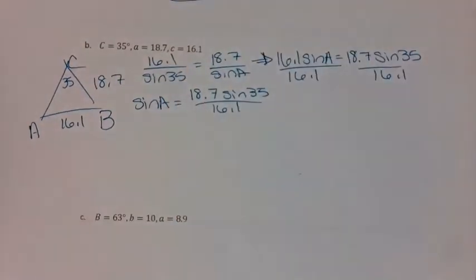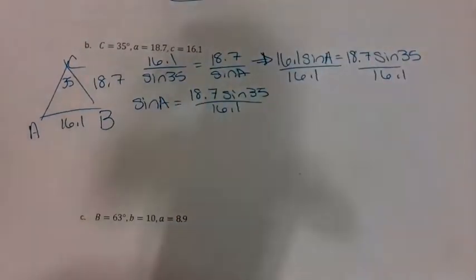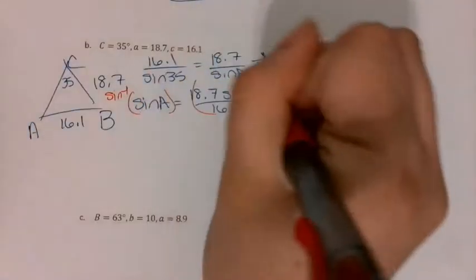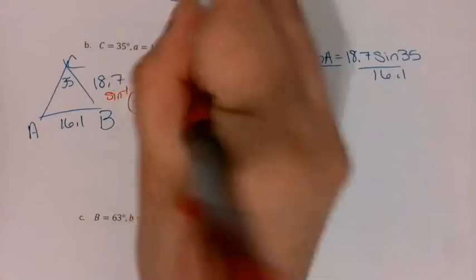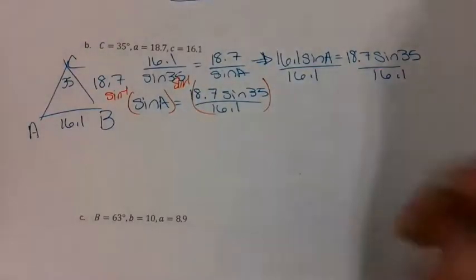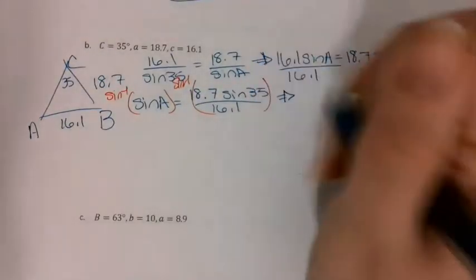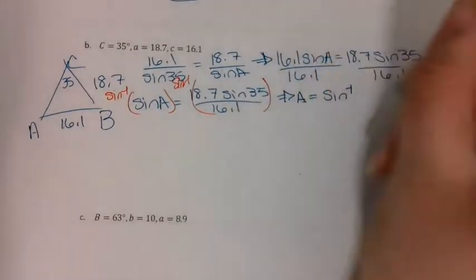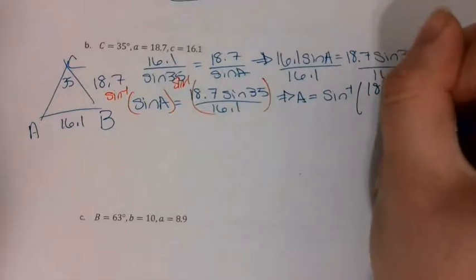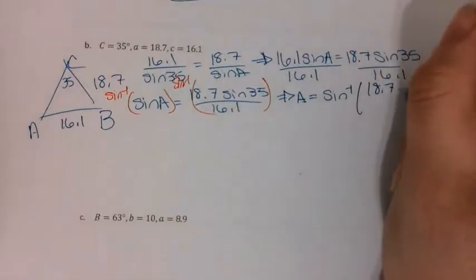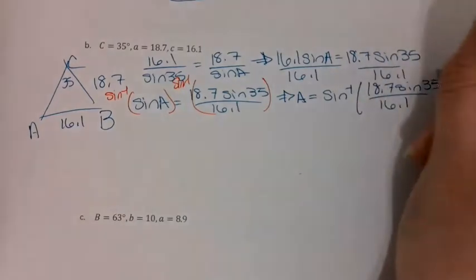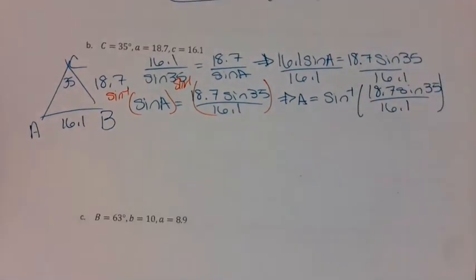Then I need to multiply by my sine inverse to get it alone. I get A equals sine inverse of 18.7 sine 35 over 16.1. Then I want to type that into my calculator.